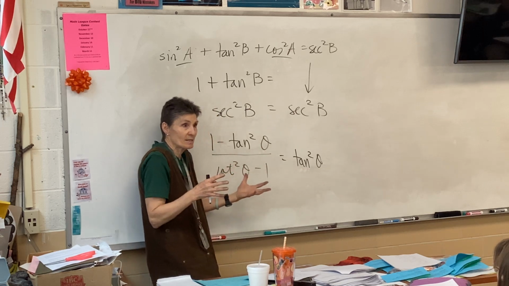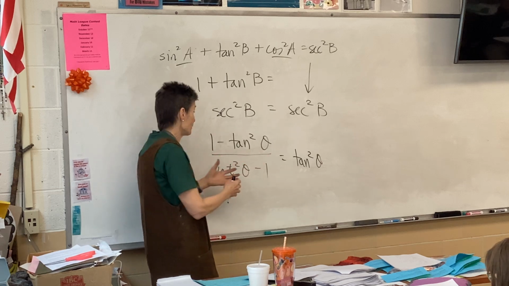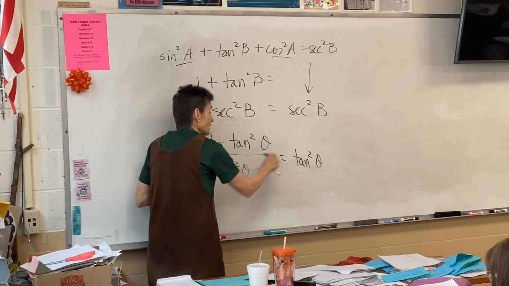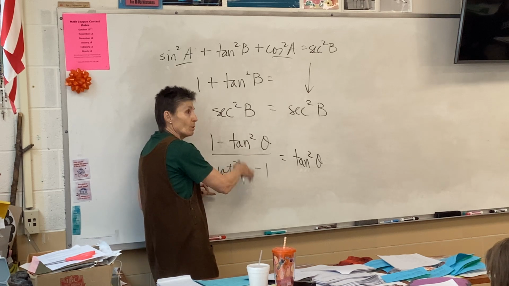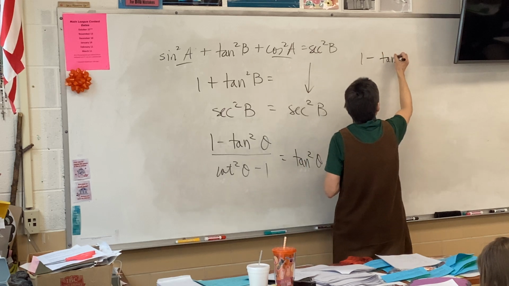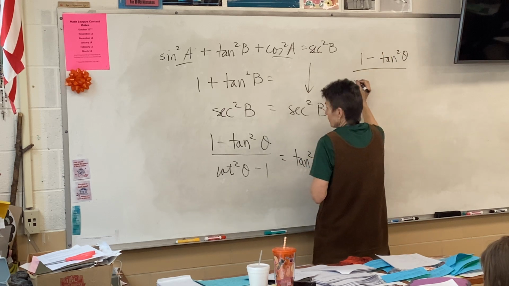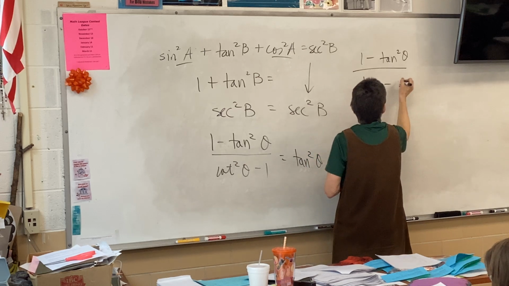Remember, you have to do something. So if you notice, hey, I gotta end up with a tangent, I can easily make this a tangent. See what happens when I do that. So I have 1 minus tangent squared over 1 over tangent squared minus 1.